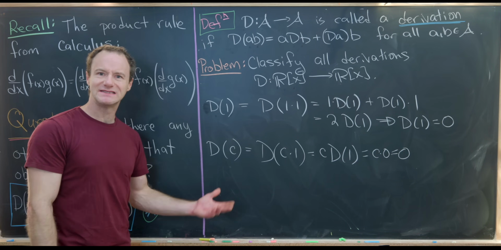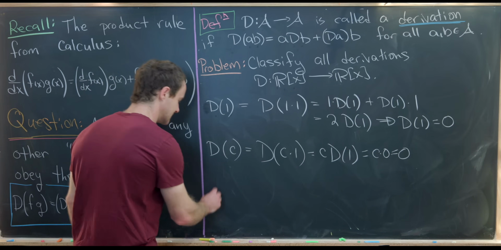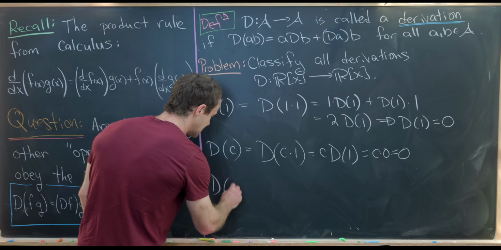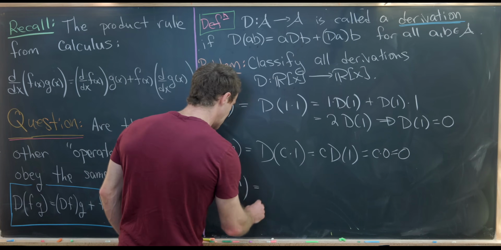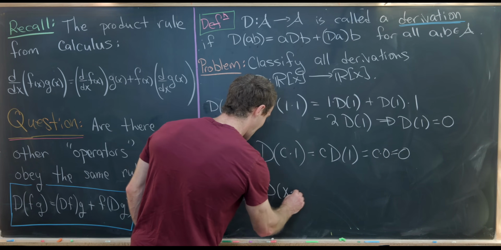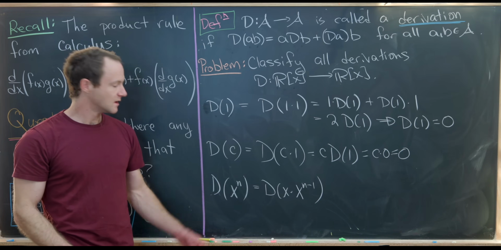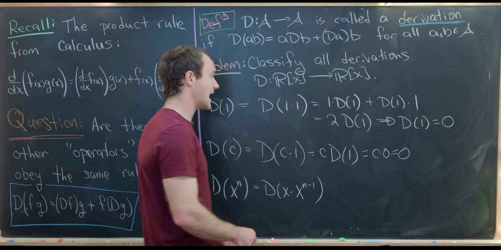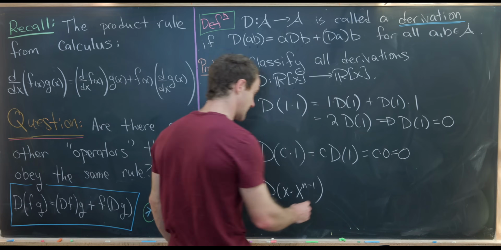Now let's see what D evaluated at some power of x is. Let's see that D evaluated at x to the n must be equal to D evaluated at x times x to the n minus 1. But now we can apply our derivative rule like this up here. That's what D satisfies.